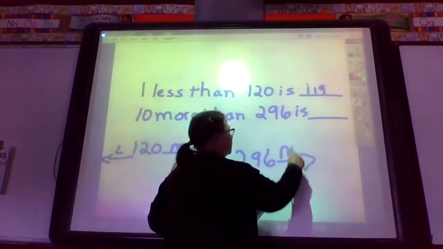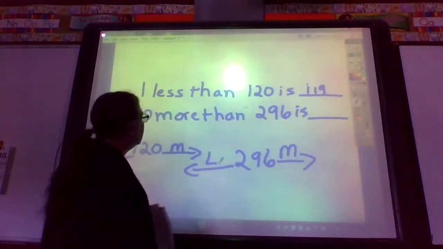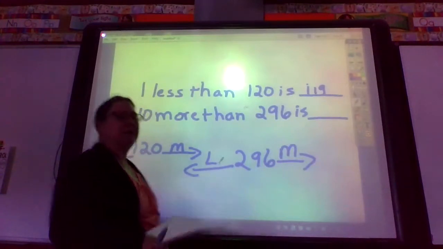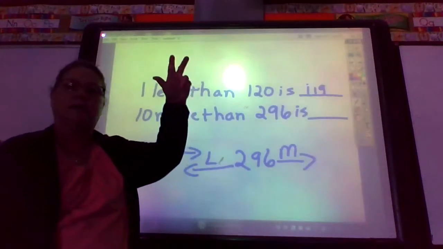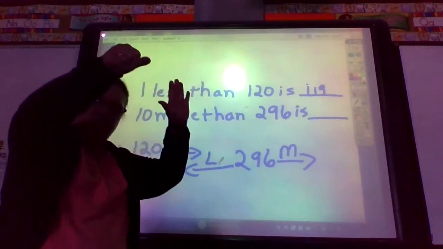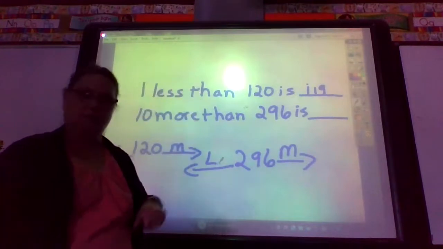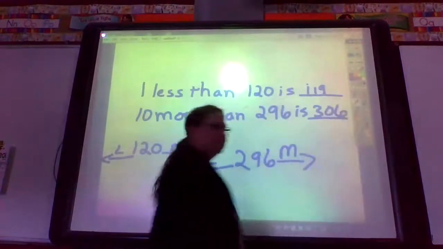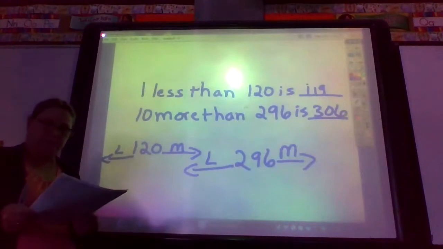Less gets smaller. Well, 10 more. We could count 296, 297, 298, 299, 300, 301, 302, 303, 304, 305, 306. So 10 more would be 306. Okay? So that's what they're asking to do with that.